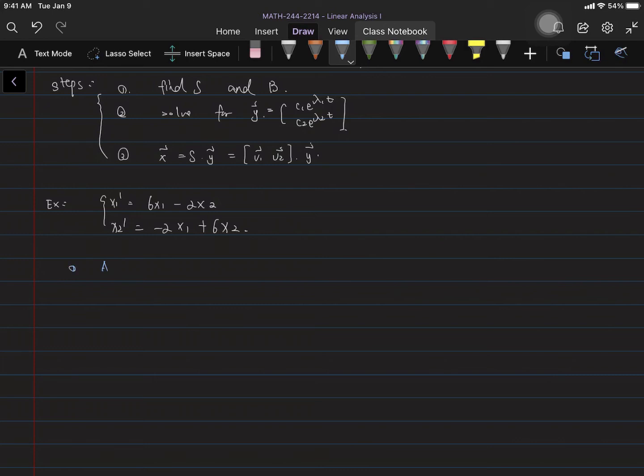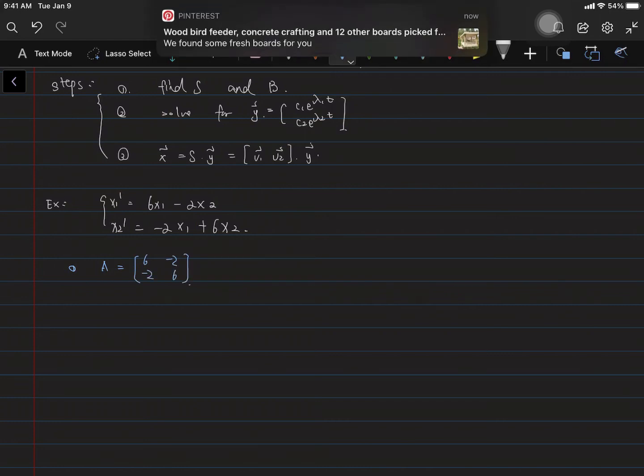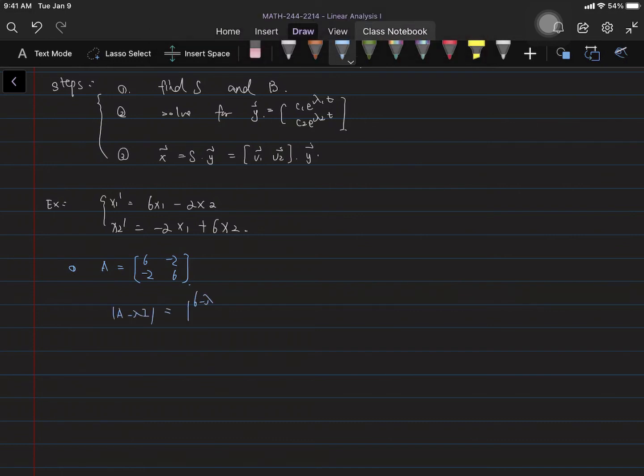First step, find the eigenvalues and eigenvectors. But I write down the matrix, and then in the exam, we can get the polynomial.